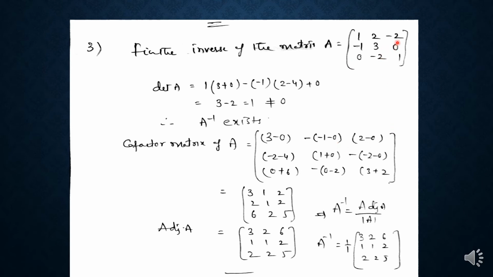And coming to the third element, what is the cofactor of this element? By deleting the column and row, we'll get minus 1, 3, 0, minus 2. That is minus 2 into minus 1, that is plus 2. Minus 3 into 0 is 0. 2 minus 0 is the cofactor. Now coming to the second row, the cofactor of this element gets minus of, by deleting the column and row here, 3 into 1, 3, minus 0.